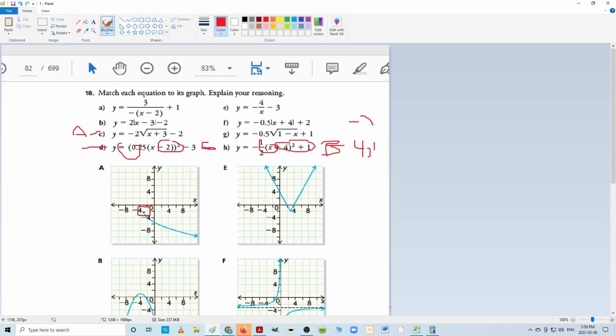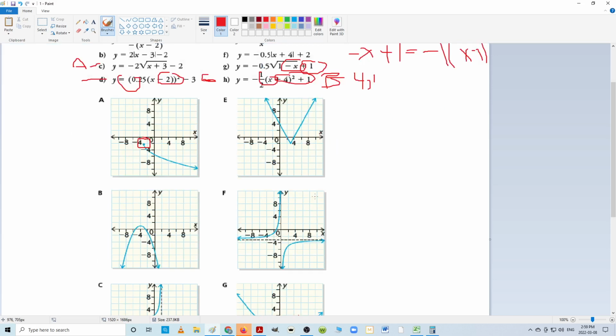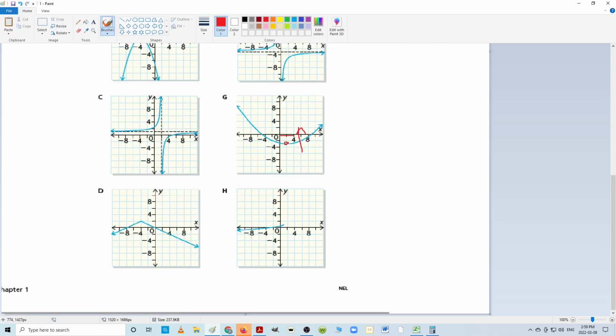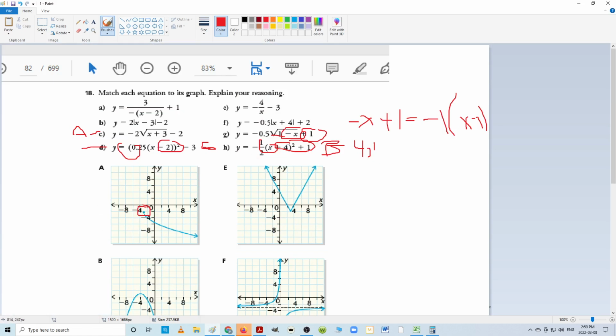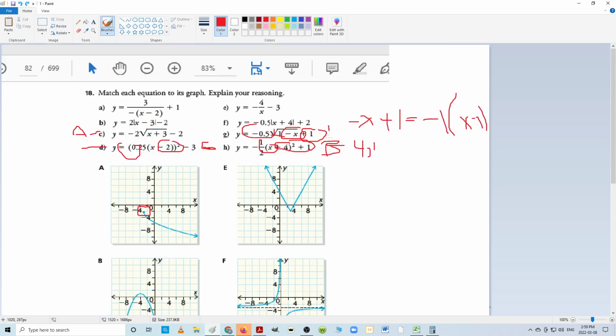So that's minus x plus 1 in the brackets, and when I take the minus out, it becomes x minus 1, which means its vertex is 1, comma 1, and it's a square root function. And it'll be facing left and downwards too, because it has a minus in front. And that's this one, 1, comma 1, so that's h.